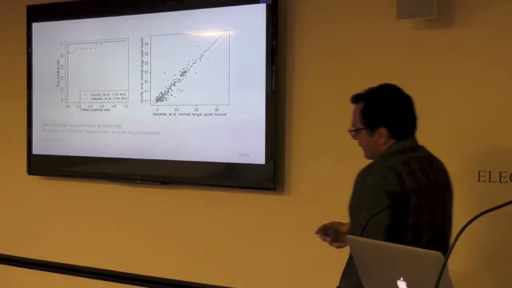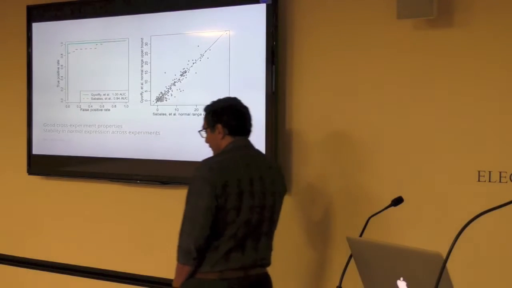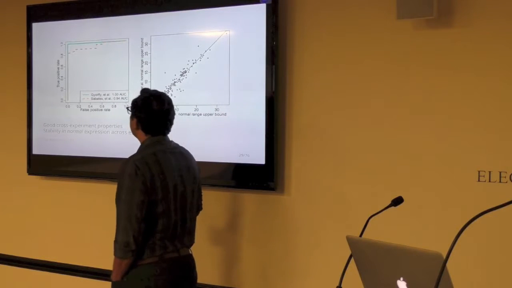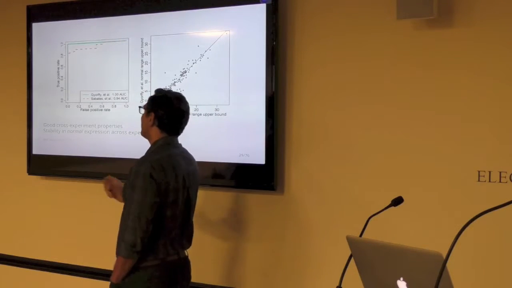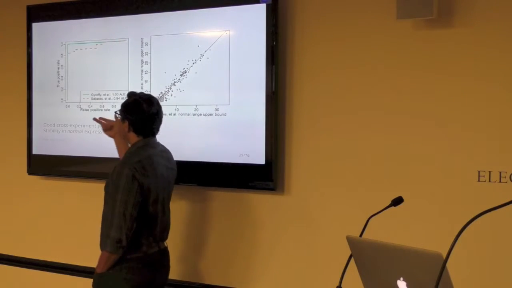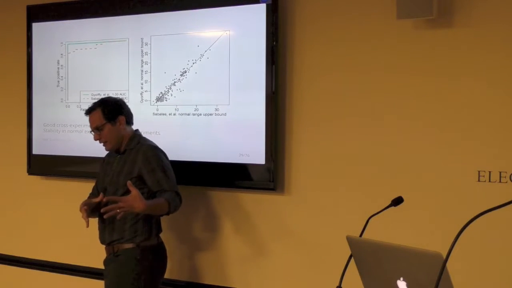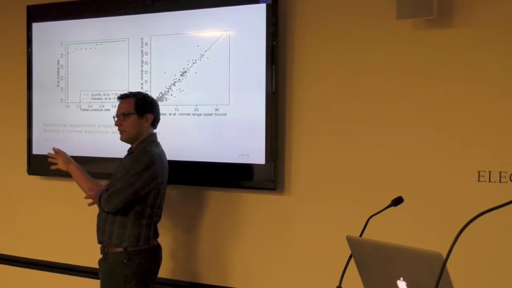All right, so the first question is how stable is this across experiments? So we grabbed 2 colon cancer experiments, both with normal and tumor samples. We trained this classifier on one study and tested it on a completely independent study.